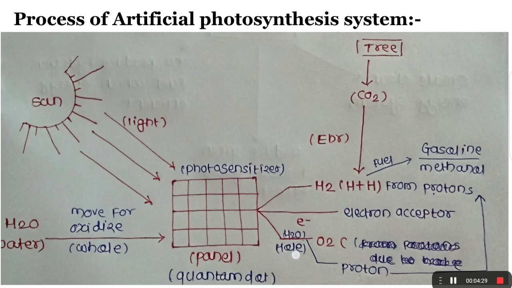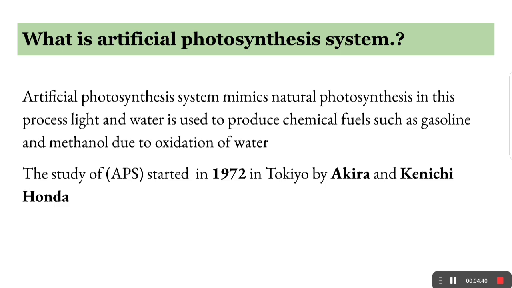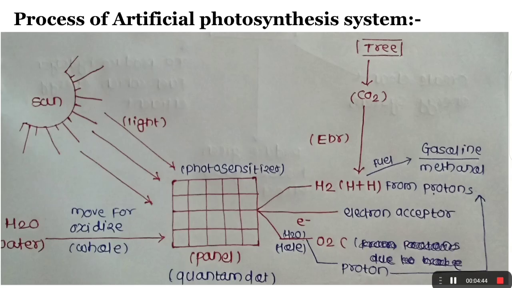This is a hole. Due to oxidation of the water, electrons get emitted. This electron is received by the electron acceptor. Also there is production of holes. Holes produce O2 and protons.